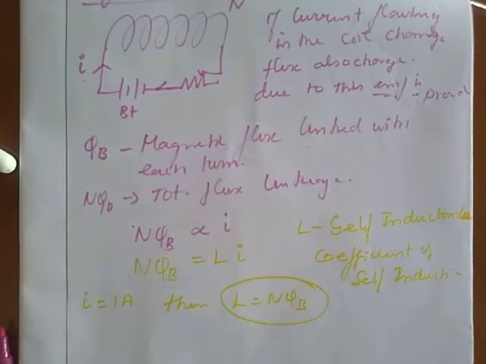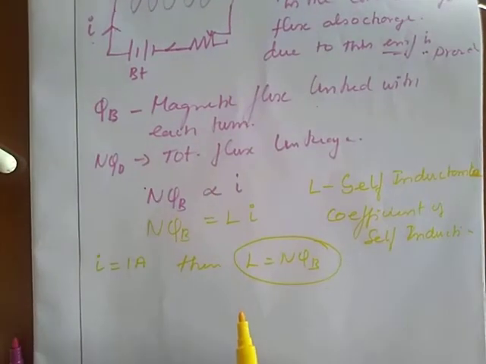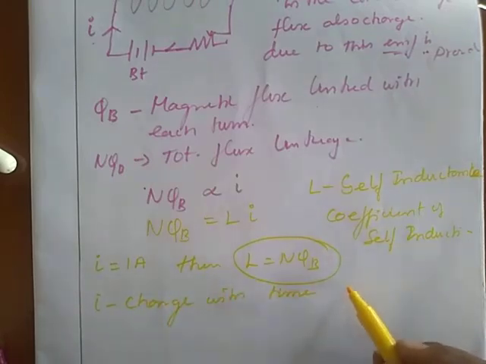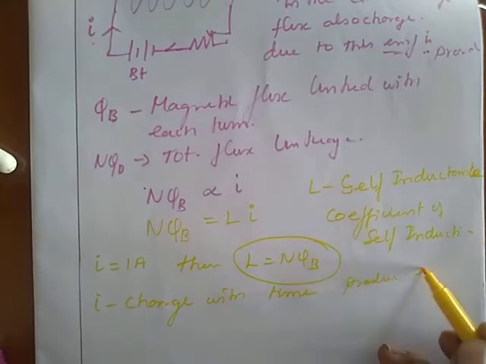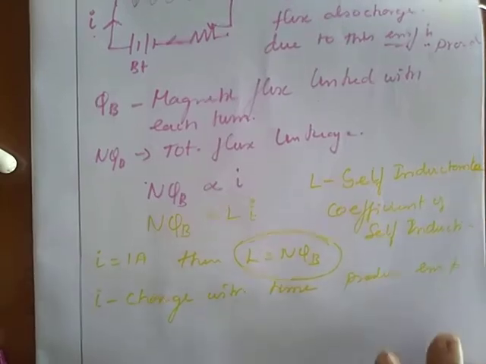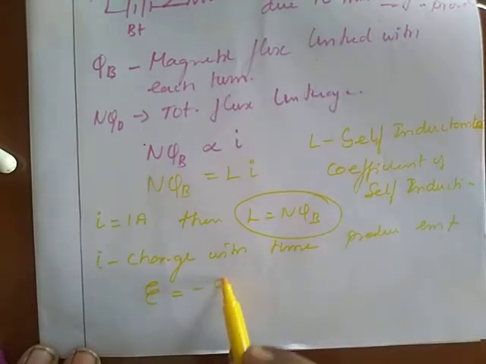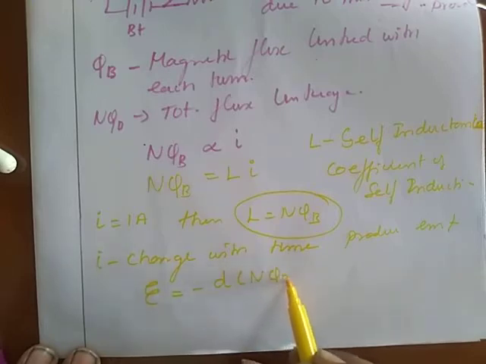Then, if I changes with time, it will produce an EMF. Then I recall Faraday's law, that is, epsilon is equal to minus d N phi B by dt.